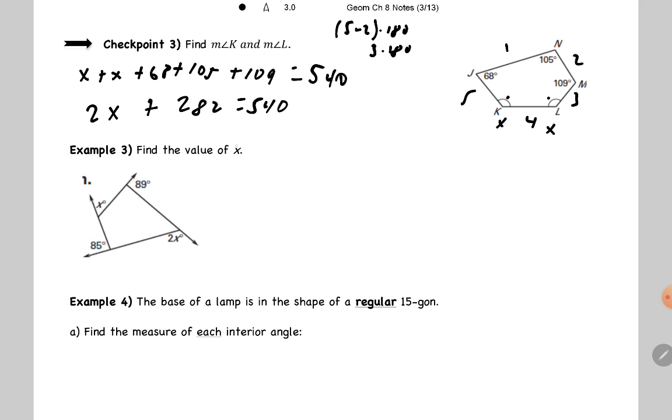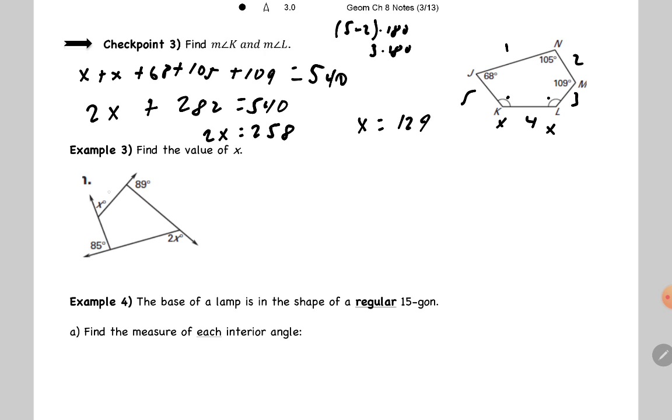Subtract both sides by 282, and we'll get 2x equals 540 minus 282, which is 258. Then we divide both sides by 2, and we get x equals 129.